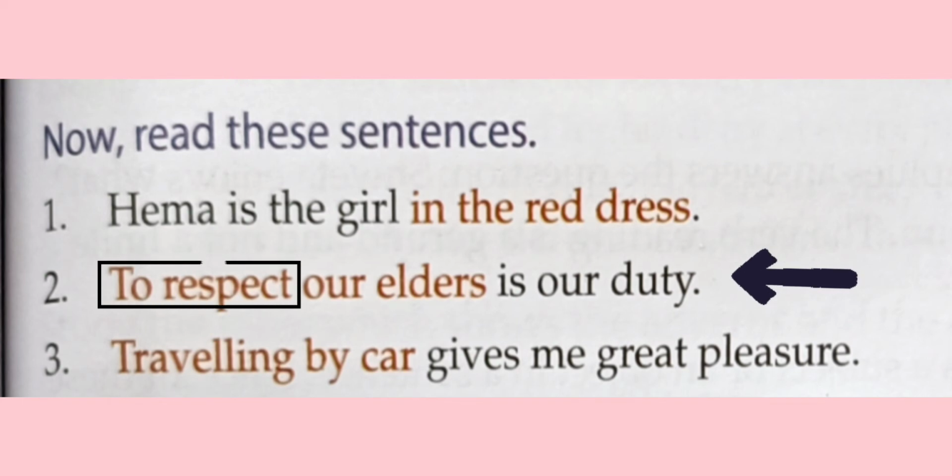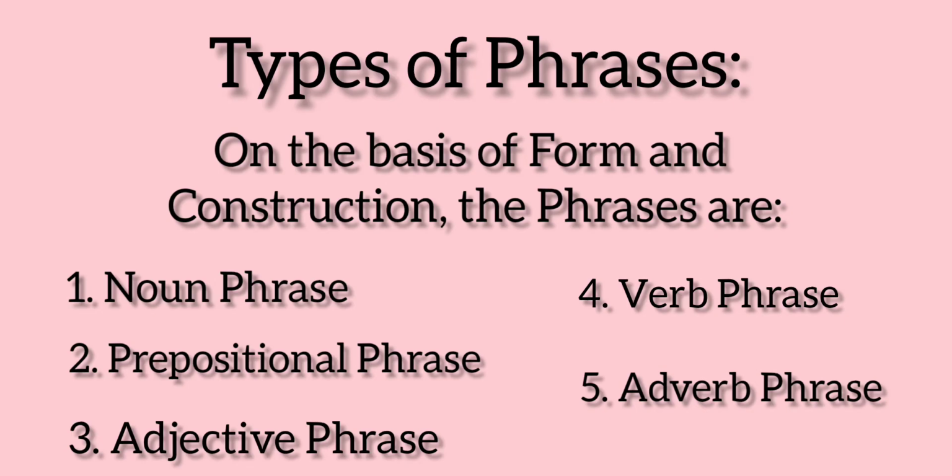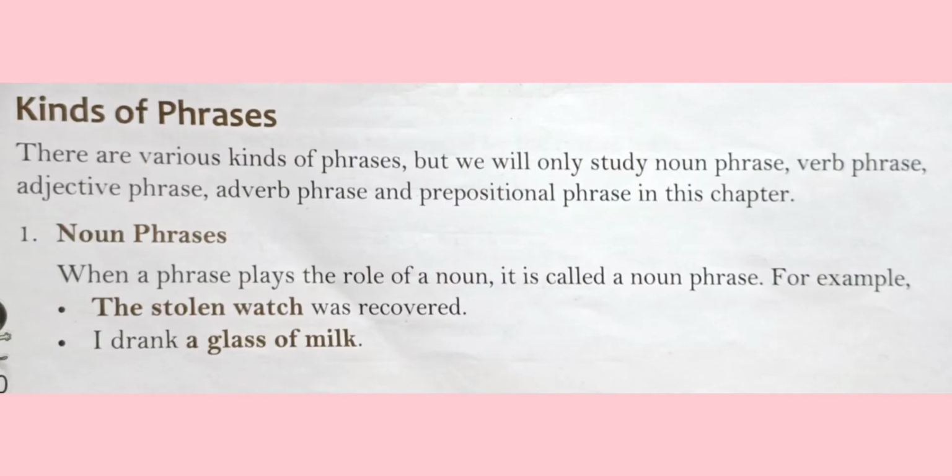In the third sentence, traveling by car contains a gerund. According to the form and construction, phrases can be divided into five parts: noun phrases, prepositional phrases, verb phrases, adjective phrases, and adverb phrases. Let us now study them one by one.